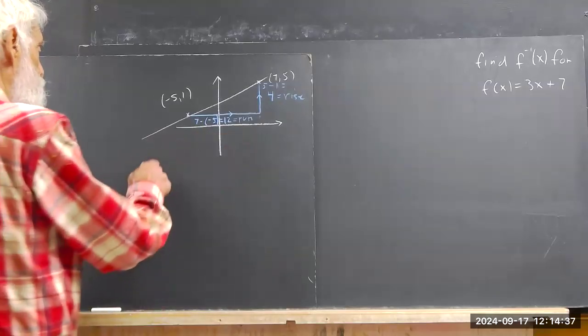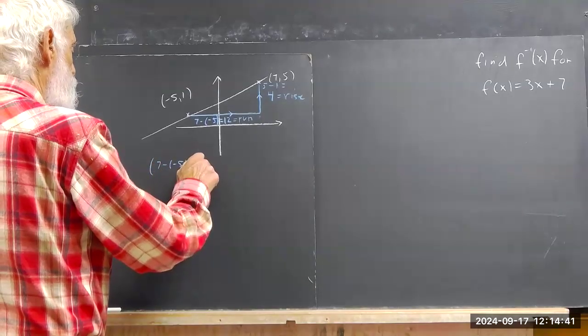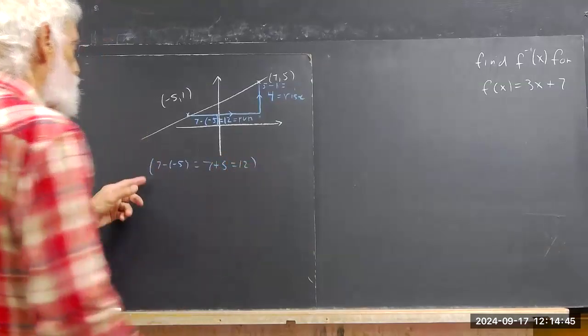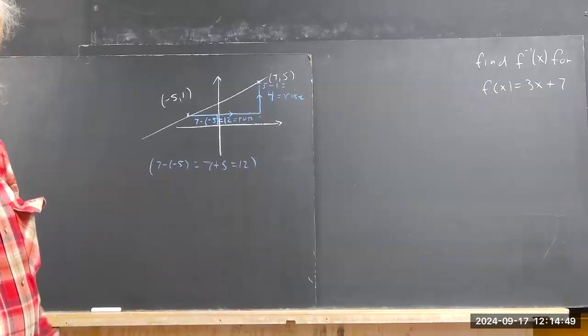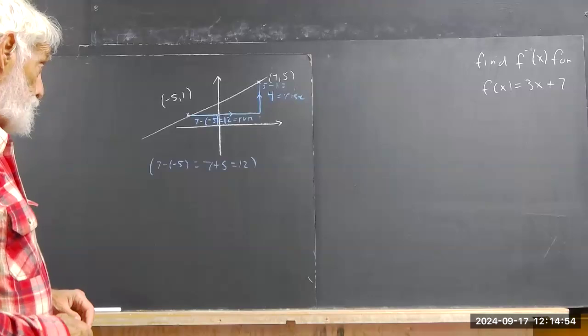And of course, there are details of calculation. Minus -5 is the same as +5, just to remind you in case of confusion on that.